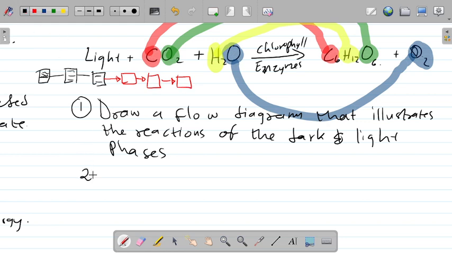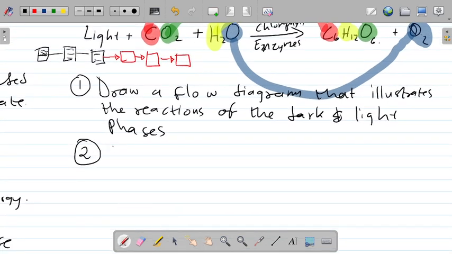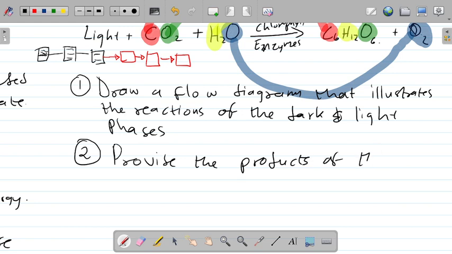And then number 2, provide the products of the light and dark phases respectively.